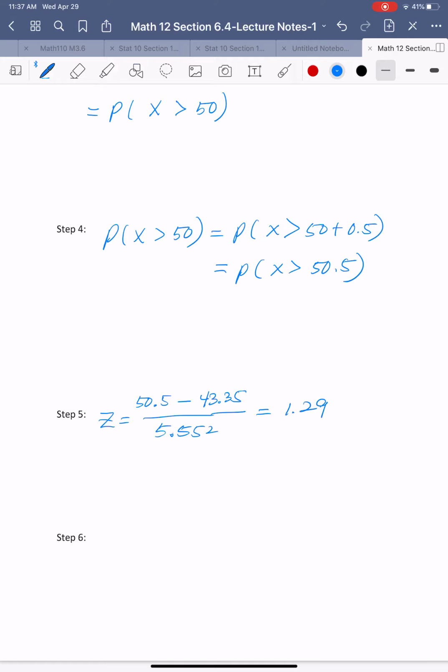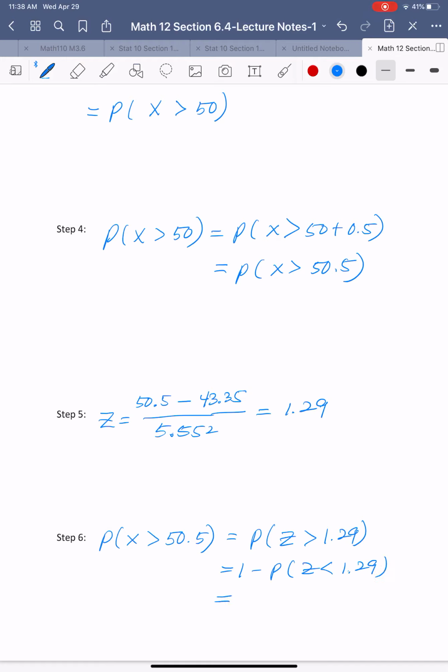Now in step 6, we find the probability. Use the table to find the probability that x is greater than 50.5, which converts to z greater than 1.29, the same as 1 minus P of z less than 1.29.